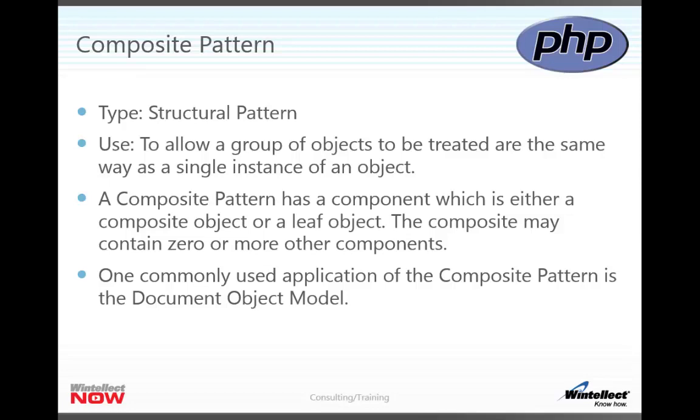Now, the composite object might have additional composite objects or leaf objects, so you can have either one show up inside of that particular group. But in any case, the composite object and the leaf objects will have a set of shared properties that allow them to be treated the same way.